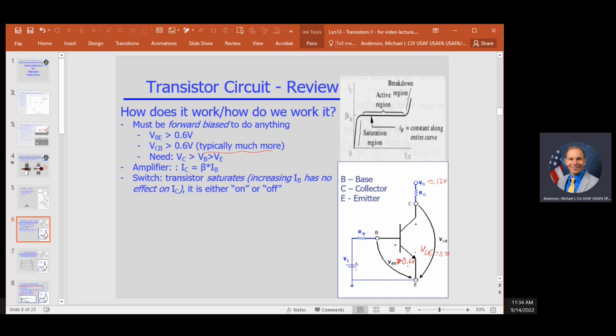Now again, this is a current amplifier, and that's what this equation defines. Remember, beta is gain, which is basically the multiplication factor of the current.